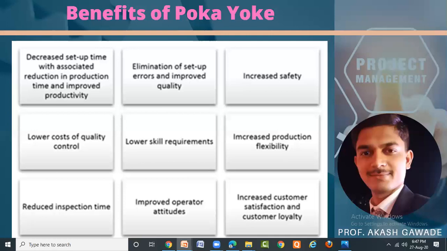At that time, Poka Yoke helps to increase safety, lower cost of quality control, and lower skill requirement.